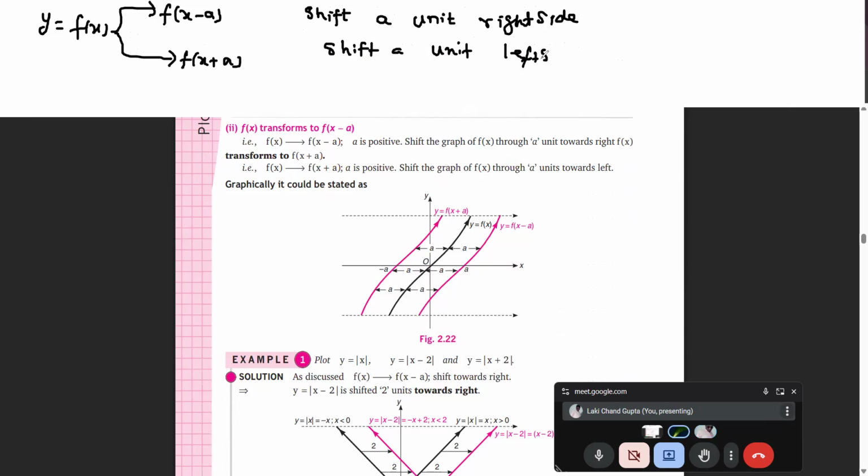Shift left or right only when x is replaced with x minus a or x plus a.